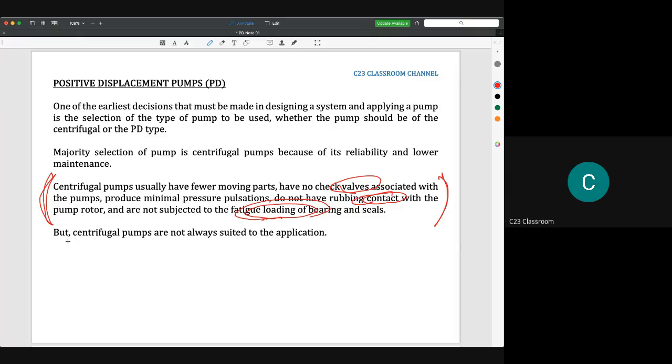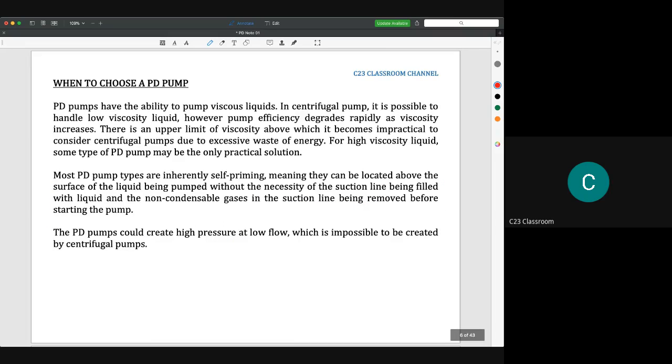But centrifugal pumps are not always suited to the application. You must know that we have a lot of engineering applications, and a centrifugal pump cannot solve all those problems. Sometimes, for sure, we need to choose positive displacement. Now we would like to see the advantages of positive displacement, and when to choose a positive displacement pump.